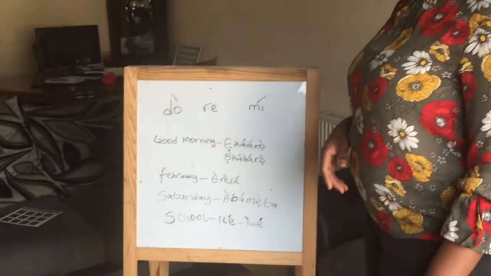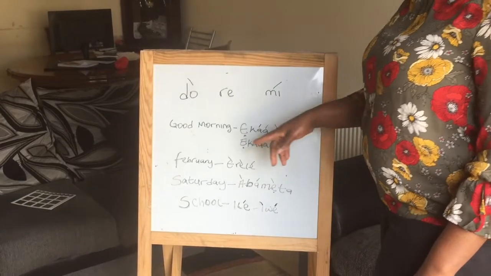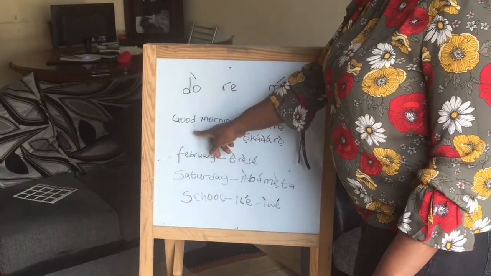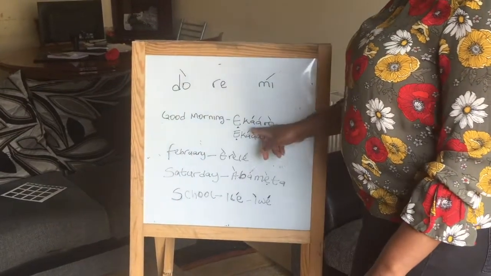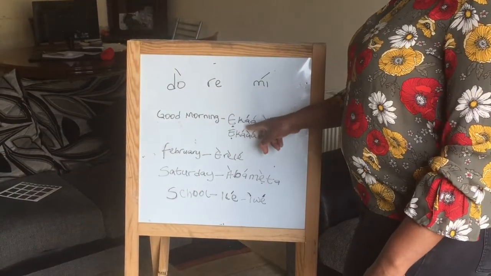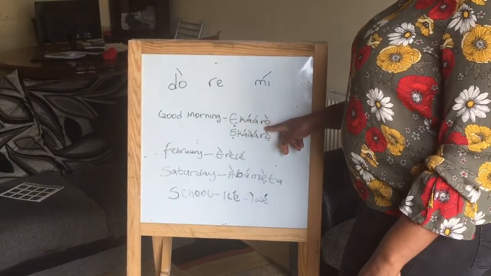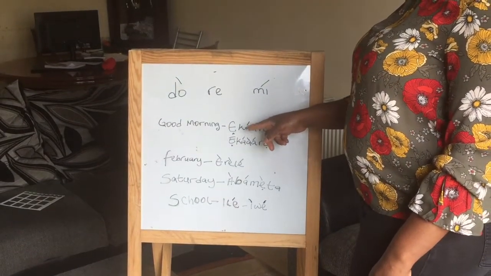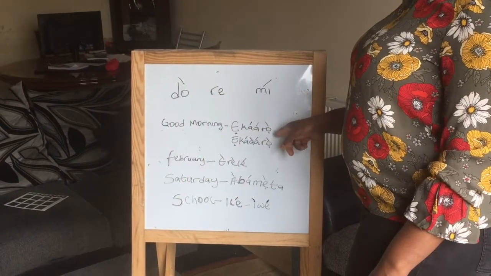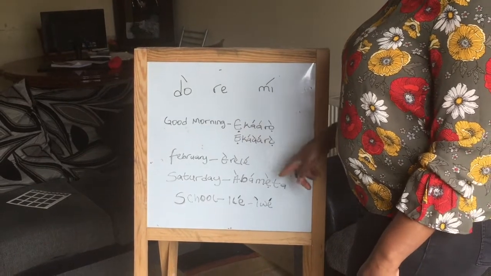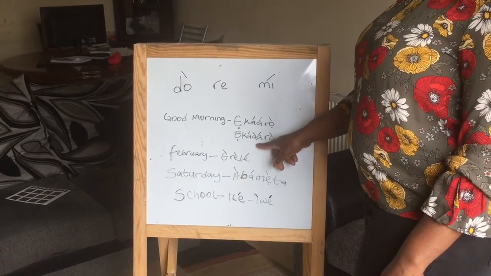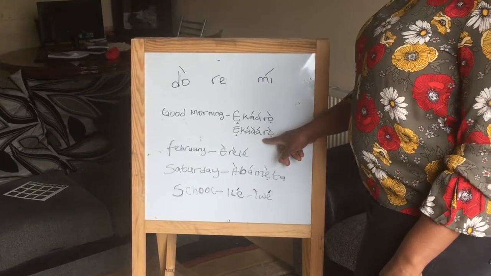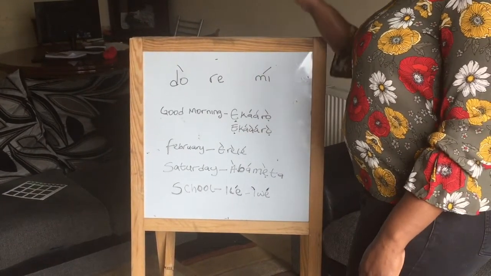So we would look at examples now. This, for instance, is good morning. I told you good morning is ekaro. Ekaro is simply written as E-K-A-A-R-O. Ekaro. But if you want to stretch it out like a typical Yoruba person would say, it is ekaro.